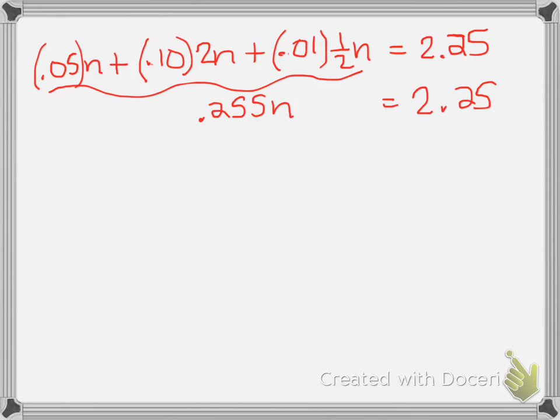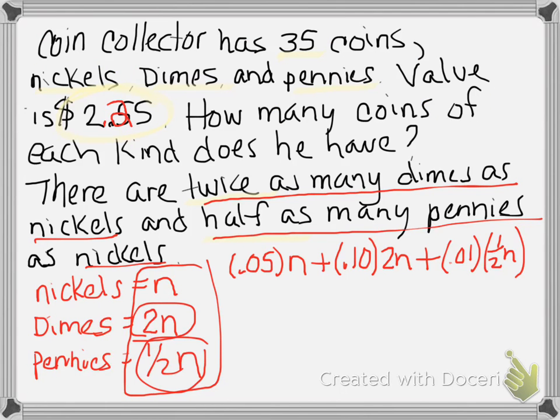No, that was a 5. Oh, I can't even read my own writing. Change this back to a 5. Otherwise we're going to have not whole numbers. There we go. Sorry about that. I'll go back and change that to 225.